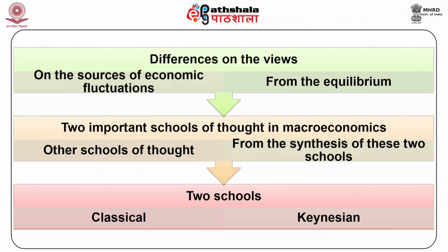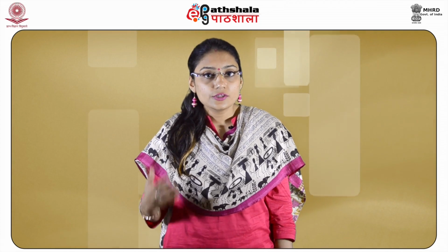These two schools are the classicals and the Keynesians. Later on, the debate on government intervention and the role of the central bank gained importance, which gave rise to the monetarist school of thought. A new synthesis came up, leading to two new schools, the new classical school and the new Keynesians. Let us discuss these schools now.